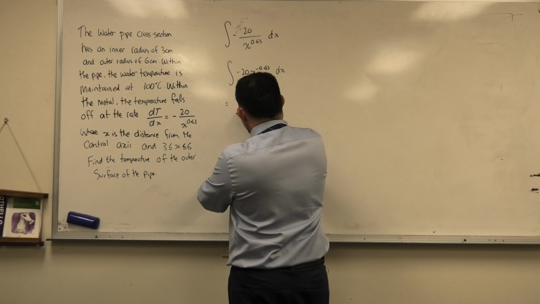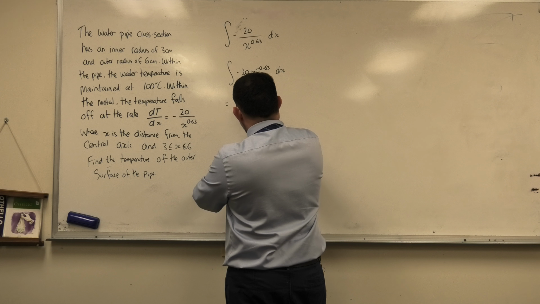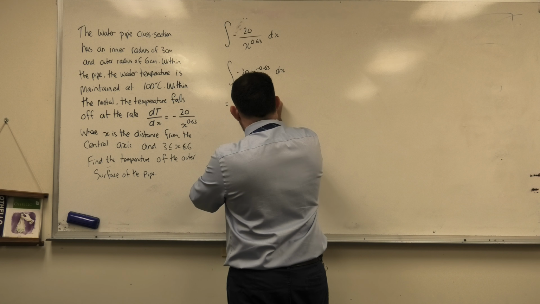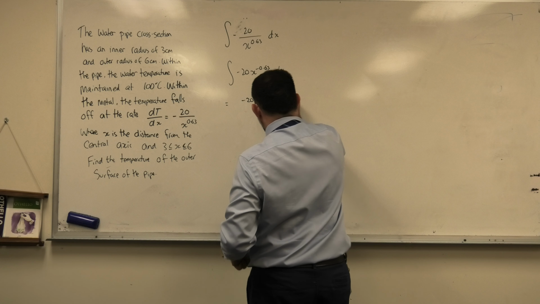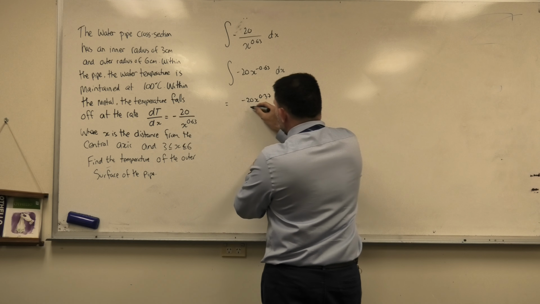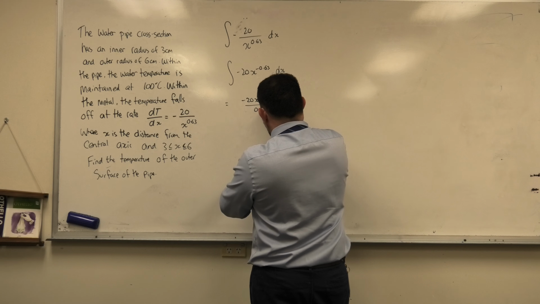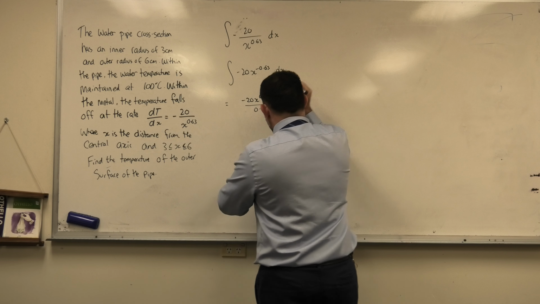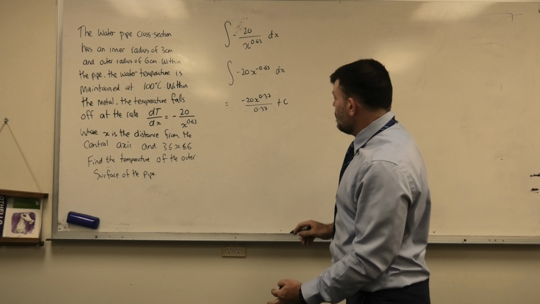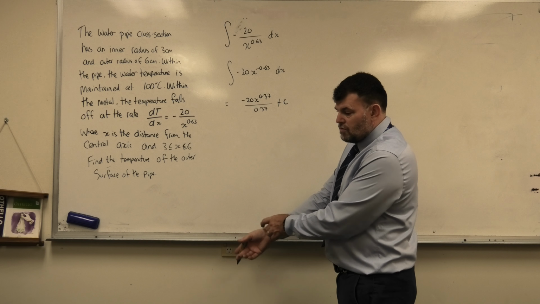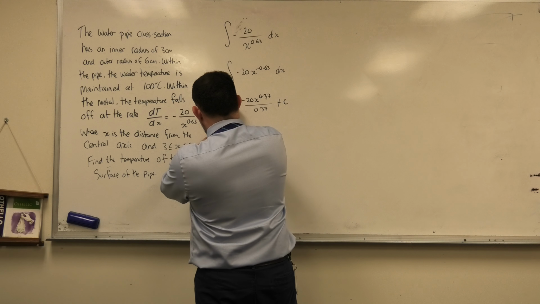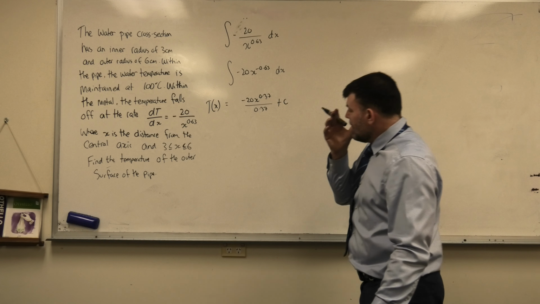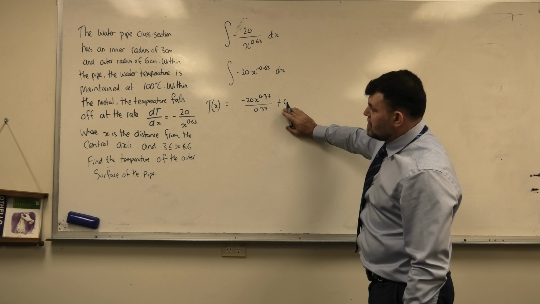We get negative 20x to the power of 0.37, because we're adding 1 to the power, all over 0.37, plus c. So if we integrate this out, we've got this answer in terms of T of x. However, we've got that constant of integration again.